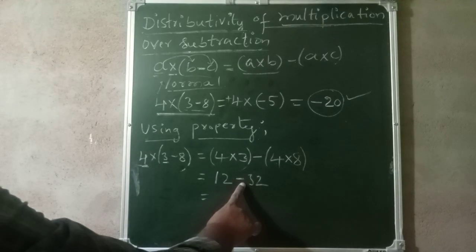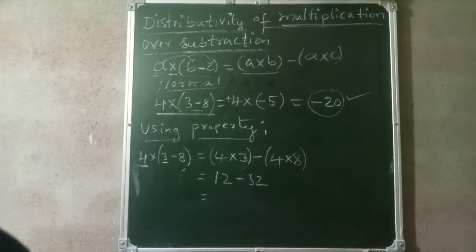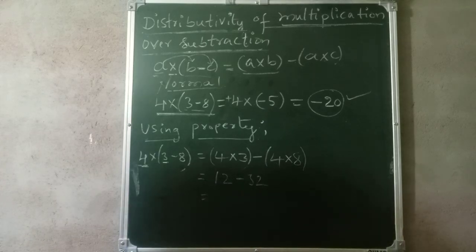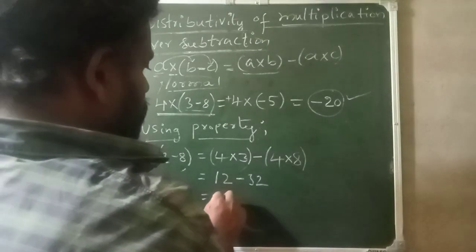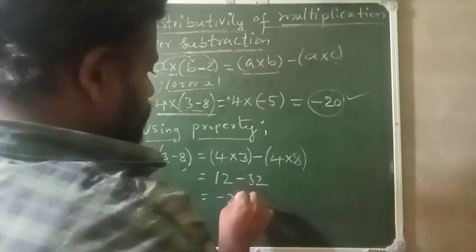Now minus is there, we have to subtract. So 12 minus 32 is minus 20.